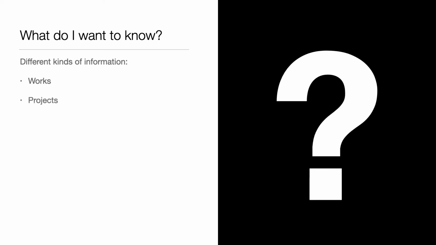It could also be that you want to know something about a particular architectural project, whether it was actually realized or not. You may want to know something about a specific person, whether this is an architect or an architectural thinker, for instance. And finally, you may also be interested in particular subjects or concepts.